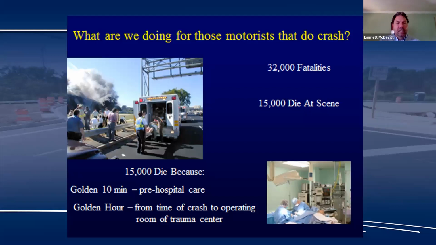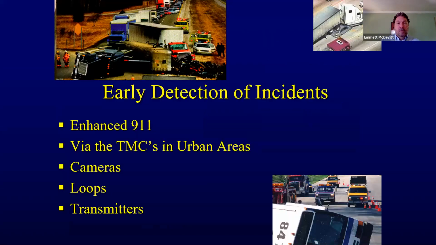If we can get to the folks that have crashes within the golden 10 minutes for pre-hospital care, and then obviously the golden hour from the time of the crash to the trauma center, we improve their chance of survival significantly. Early detection of incidents with enhanced 911 is making response times quicker through technology like OnStar.